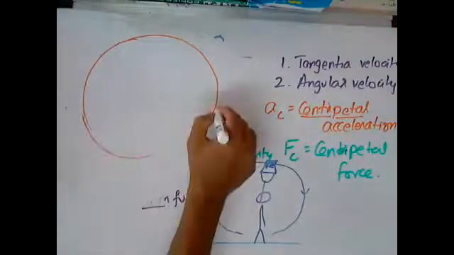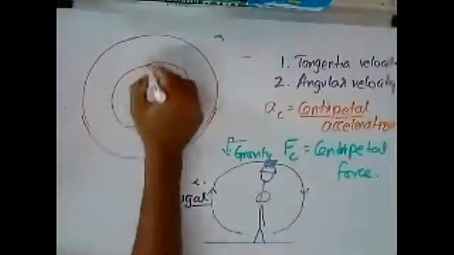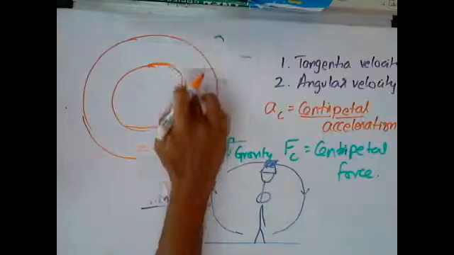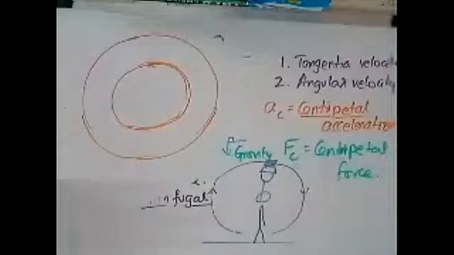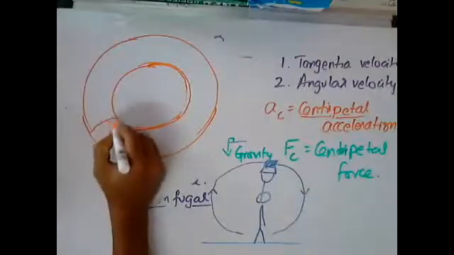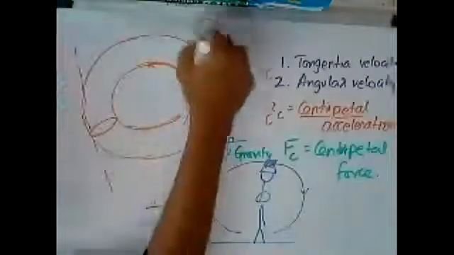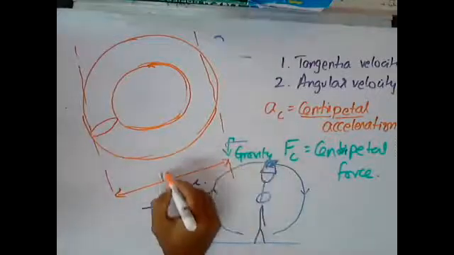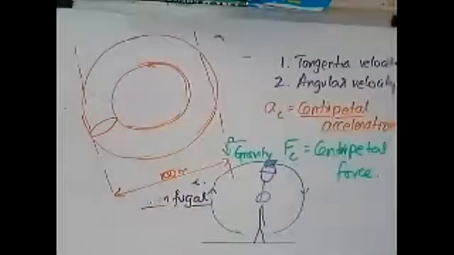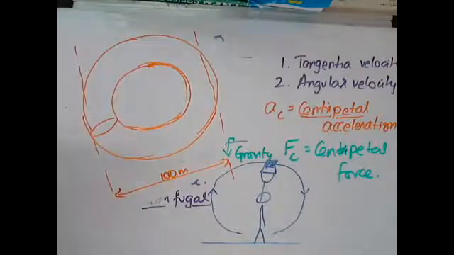So if we have a space colony, a donut shaped thing, a toroid with a very large cross section, I'm talking about hundreds of meters between these two points. Let's say the diameter of this is about 100 meters. So you can work out that this is going to be a fairly large cross section.